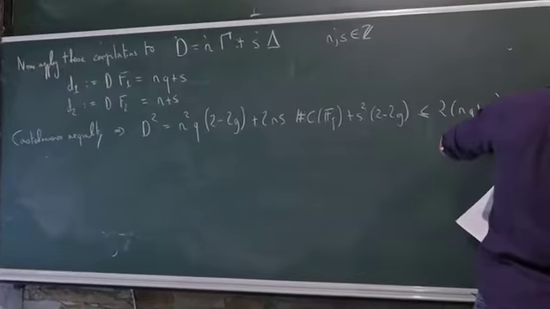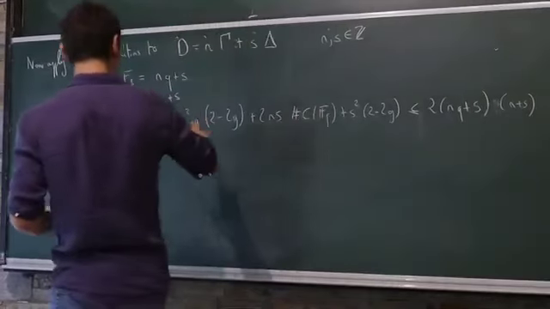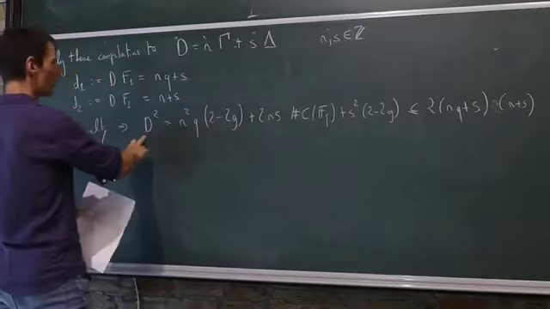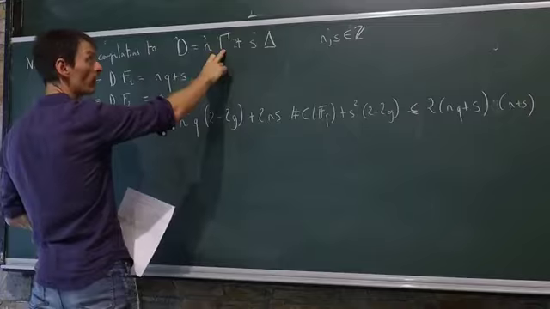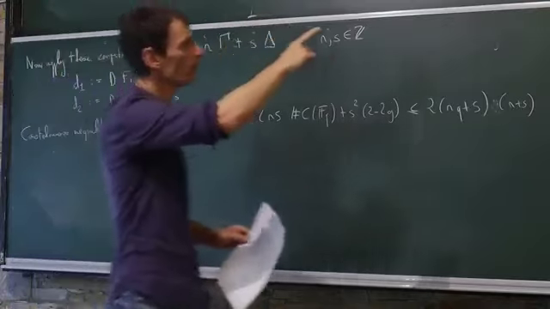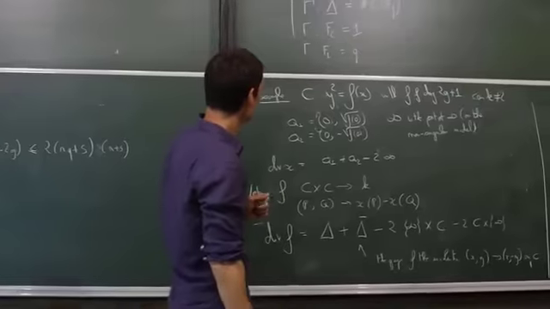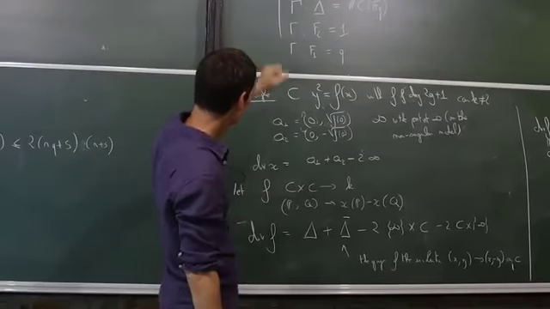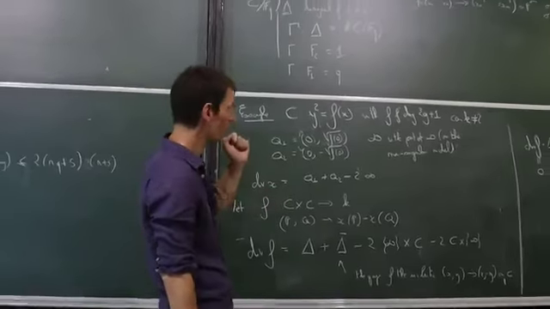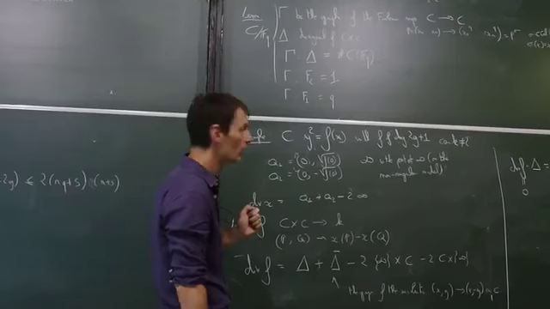And actually, if you look carefully, I forgot to tell you something, because when I compute D squared, I also have to compute the self-intersection of gamma, which I haven't done here. You have to see that the divisor gamma is the pre-image of the diagonal by the Frobenius map.